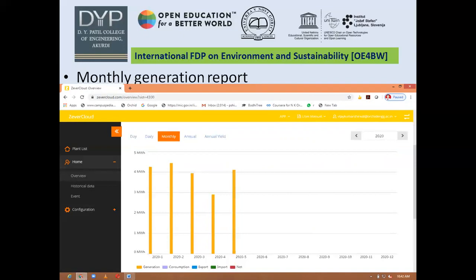Now this is the graph showing the generation of electricity in the last 5 months, since January 2020. You can see we have been able to produce at least around 4 megawatt of electricity per month. In the month of April, it was a bit less because of the COVID issue. And again, in the month of May, we generated a little more electricity, as the government has been using that particular premises for some emergency reasons, right?